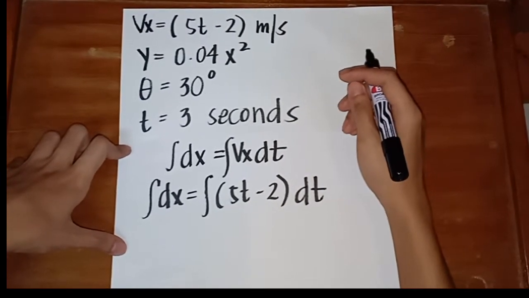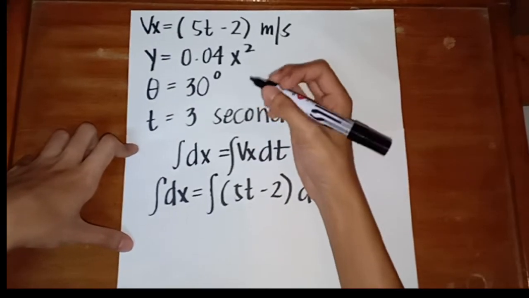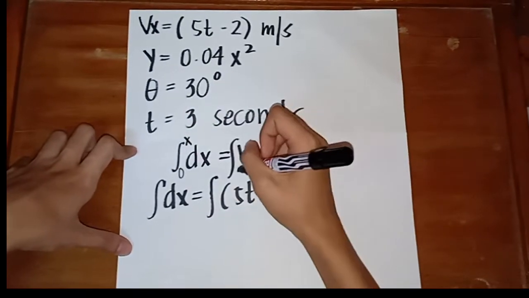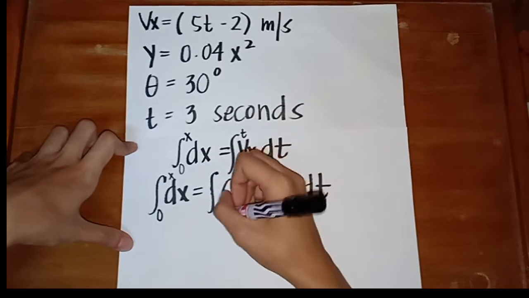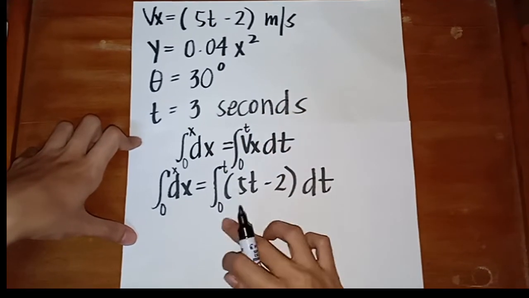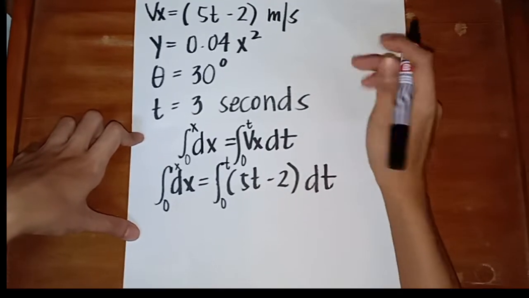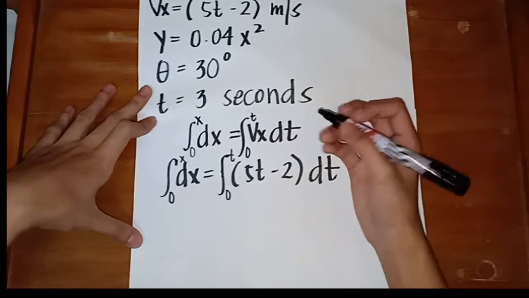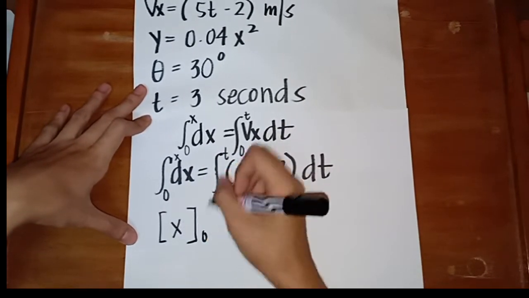So, gagamitin na naman natin yung variable sa parabola dito. Yung vx is equal to dx over dt. So, again, ang limits nitong dx is from 0 to x at ito naman is 0 to t. Isa-substitute natin yung value ng vx which is 5t minus 2 meter per second yung unit. Kapag in-integrate natin, x, ang limit niya is 0 to x.